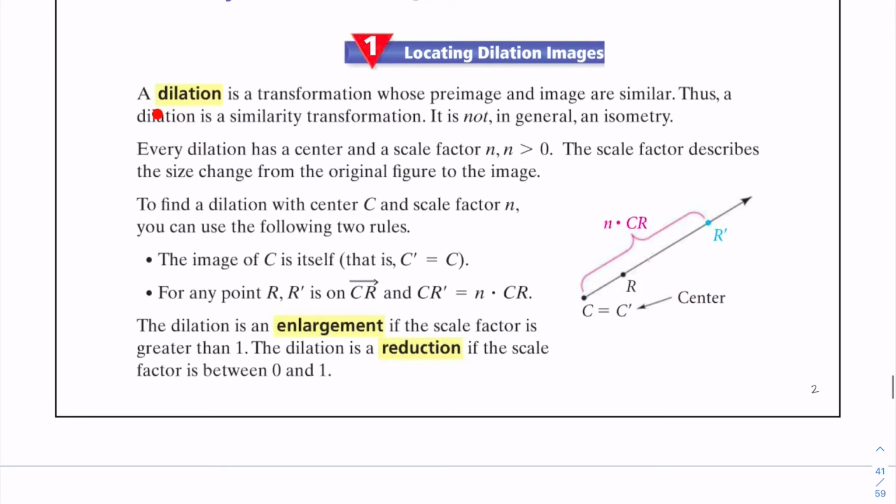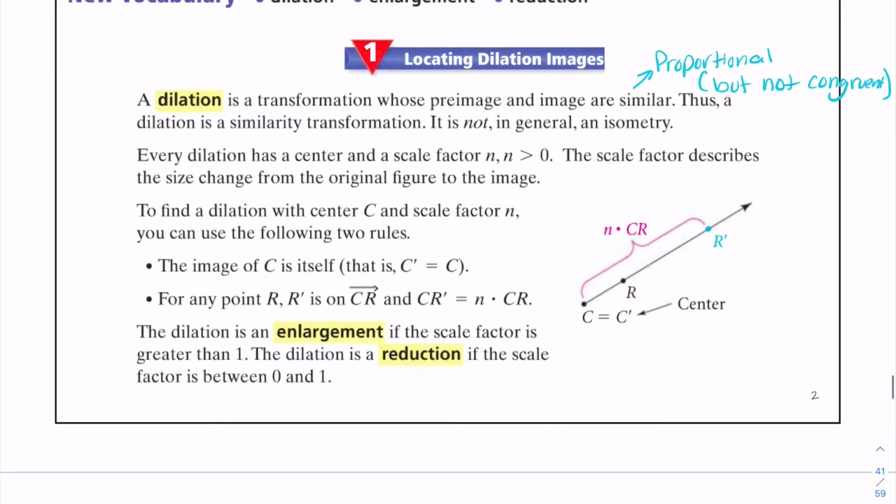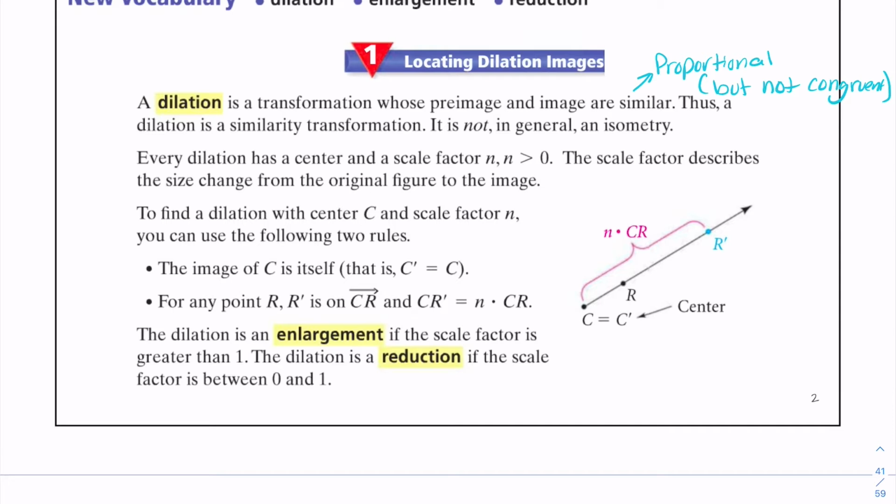Locating dilation images. A dilation is a transformation whose pre-image and image are similar but not congruent. They're similar, which we could say proportional, but not congruent.